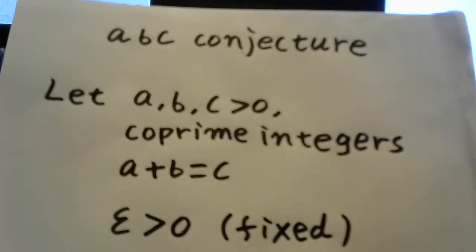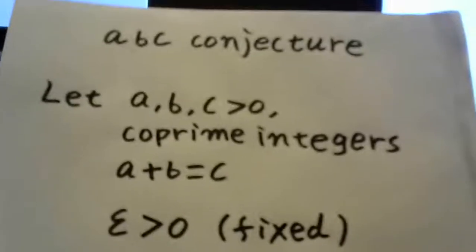This is it. ABC conjecture. Let a, b, c be positive coprime integers with a plus b equals c, and let epsilon be positive, which is fixed.